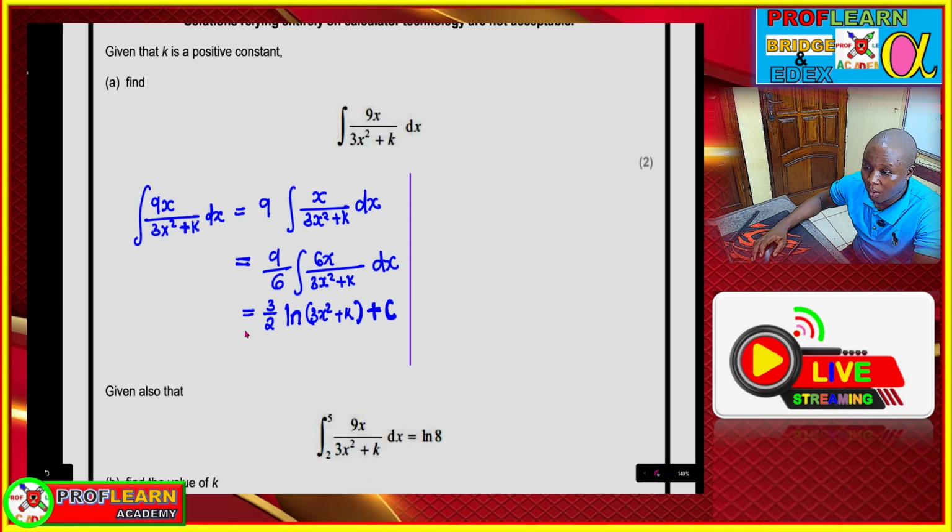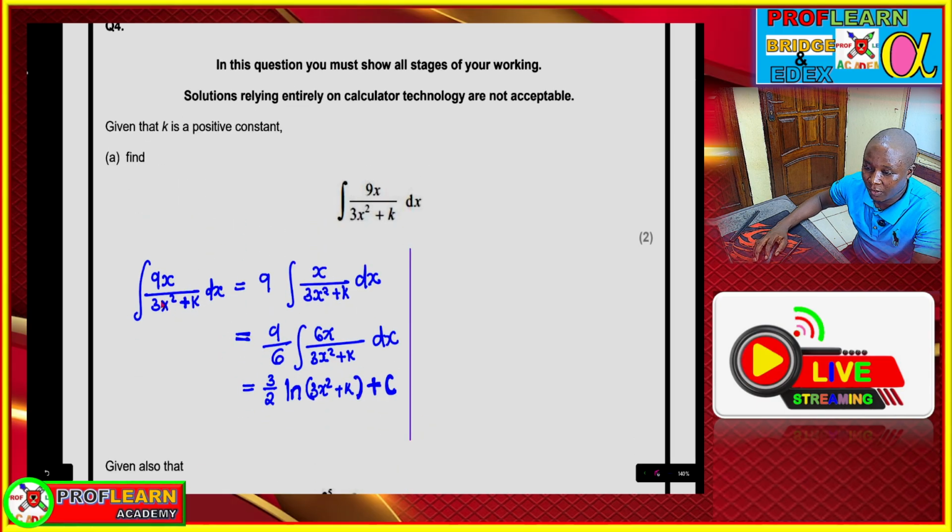And what we are going to do, because in this equation that we have here we are having 9, I'll take the 9 out. Then I can see that if I differentiate this part, I'm going to have 6x. So I'll ensure that I introduce it here, you can see I'm not having 6. First I took the 9 out so that I can see what to introduce.